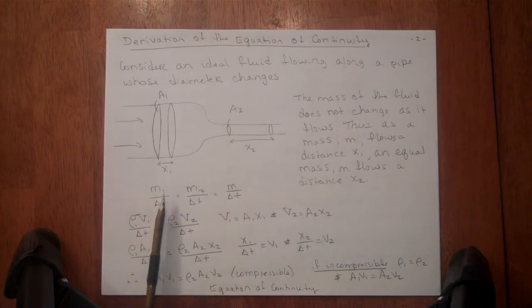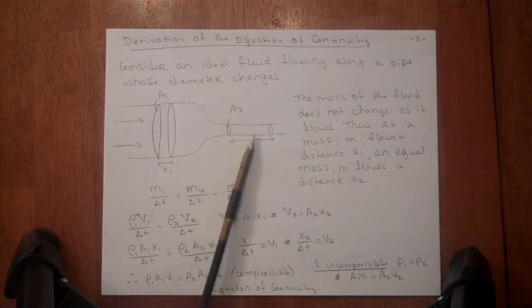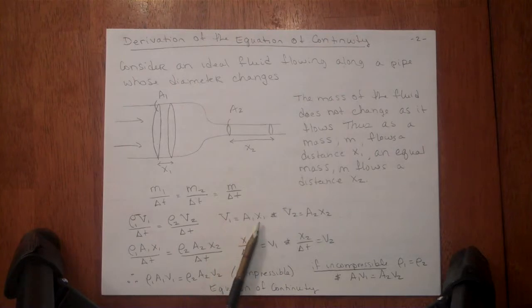Re-expressing the masses in terms of density and volume, m1 can be re-expressed as rho 1 V1 per unit time, which is equal to rho 2 V2 per unit time. Now these volumes can also be re-expressed in terms of the area and the distance flowed. These are just cylindrical volumes here, so V1 is just A1 x1 and V2 is just A2 x2.